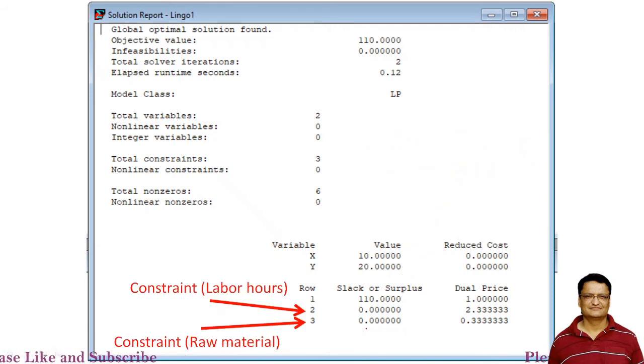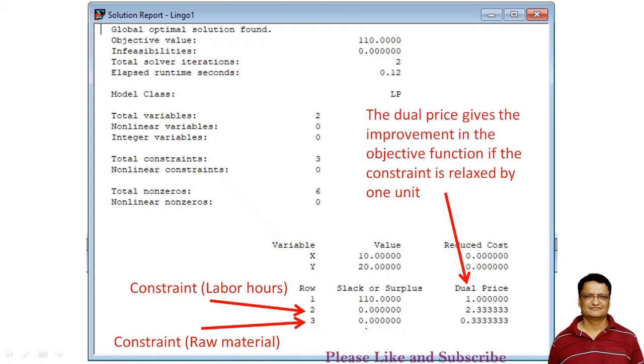One more very interesting thing that we need to understand in this solution report of Lingo is the dual price. So what is this dual price? The dual price gives the improvement in the objective function if the constraint is relaxed by 1 unit. This particular row tells you about the first constraint, which is about labor hours. We don't have any slack or surplus here, but this 2.333 indicates that if you add 1 labor hour, your profit will be improved by this much.